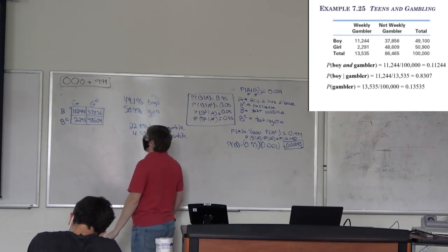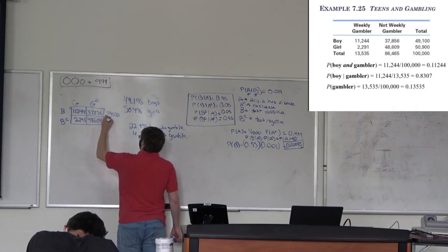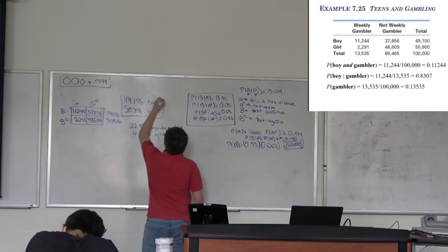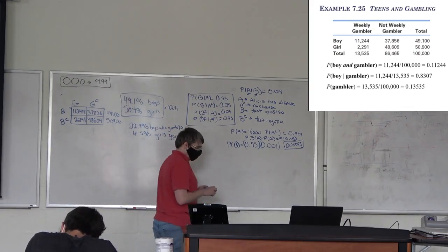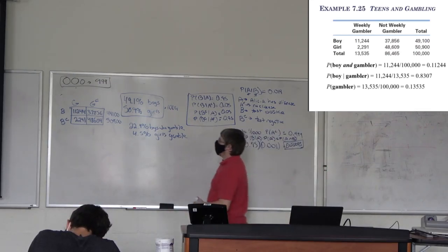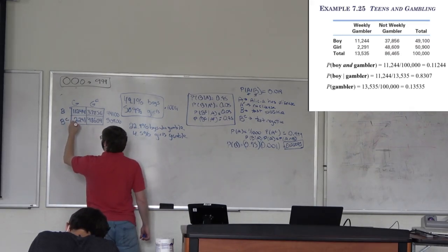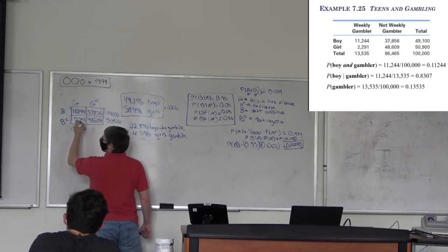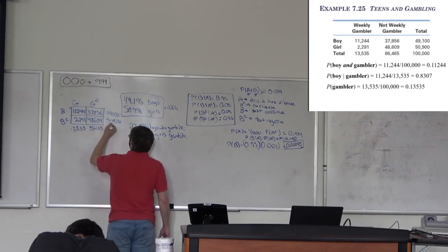And so we already figured out these row totals over here based on simply these multiplied by 100K. So we know these totals already, and then we can just calculate how many people gamble by doing column totals. 13,535 and 86,465. And so overall there's 100,000.